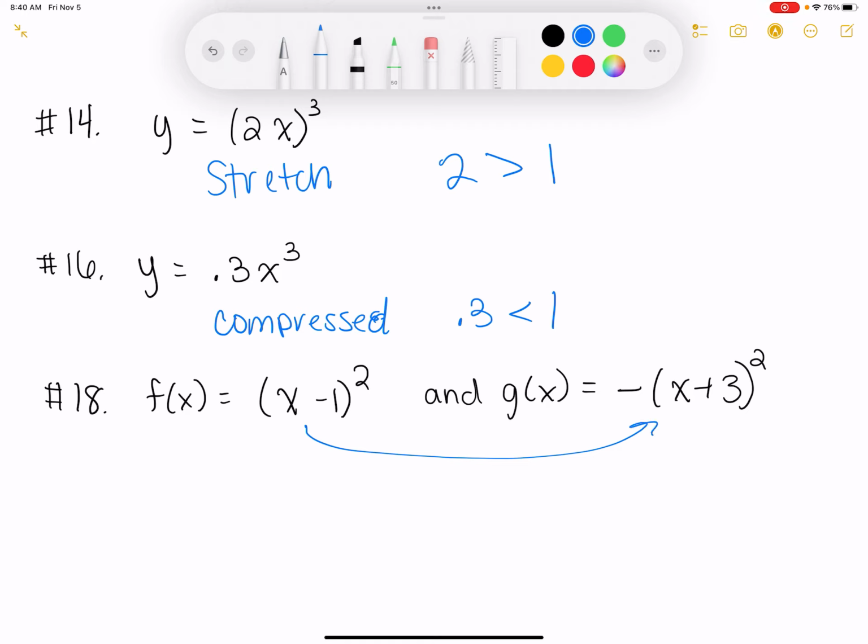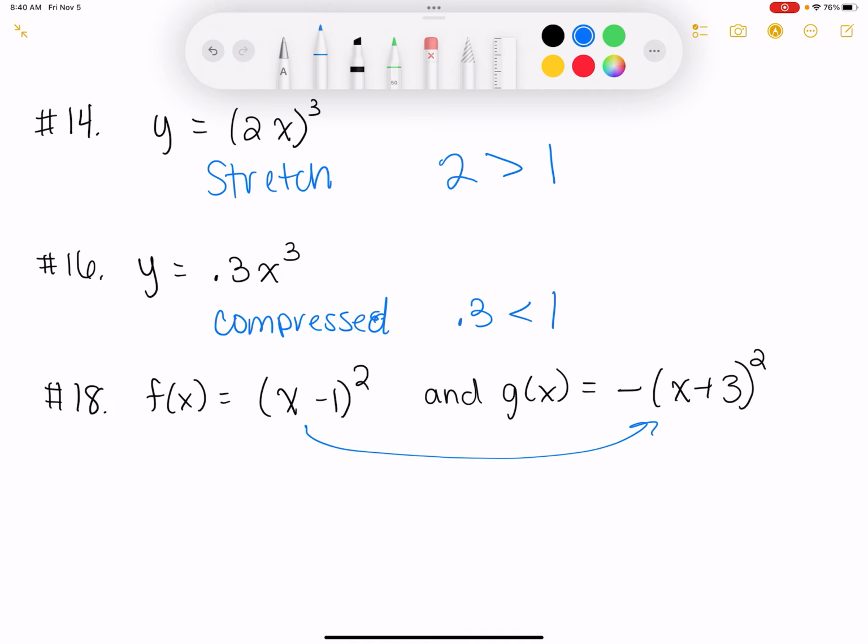What do I need to do to make this one look like this? You would shift it over. How many? In what direction? Wait, I'm confused. The signs are different when it's in the parentheses, and it's really just mixing me up.